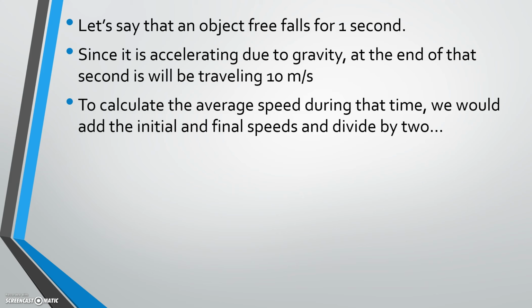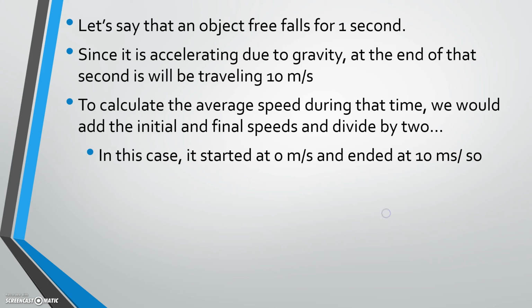If we want to calculate the average speed during that time, we would calculate it the same way we would calculate any average value. We would add the initial and final speeds and then divide by 2. So in this particular case, we're starting from rest, so our initial speed is 0 meters per second. We're ending at 10 meters per second.